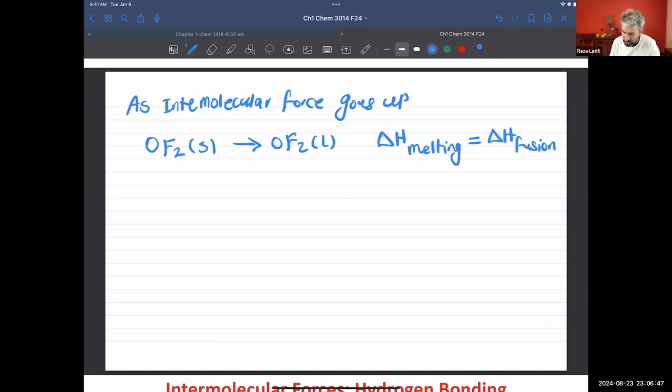And if you compare it also, delta H of vaporization is strongly or directly subject to intermolecular force.